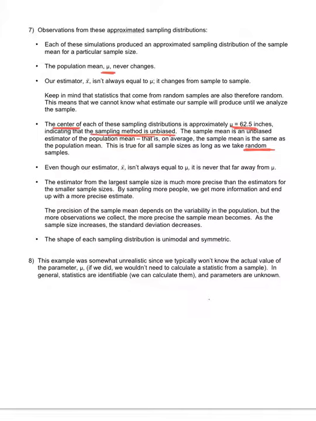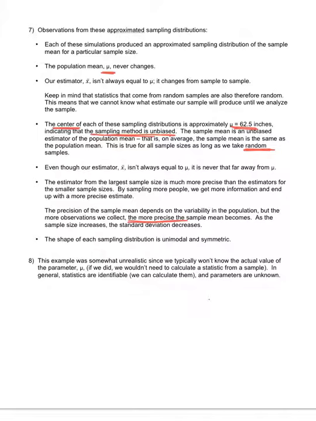We had 50 mothers in our sample, and each of the X bars was much closer to our population mean. By sampling more people, we get more information and end up with a more precise estimate. The precision of the sample means depends on the variability in the population, but the more observations we collect, the more precise, the closer they are to the actual population mean.